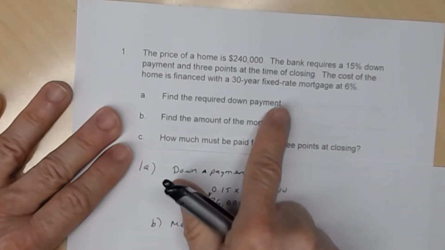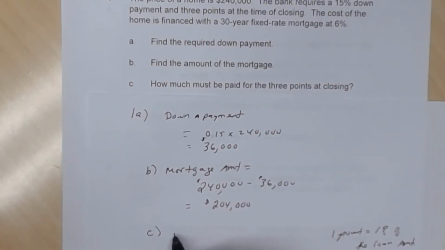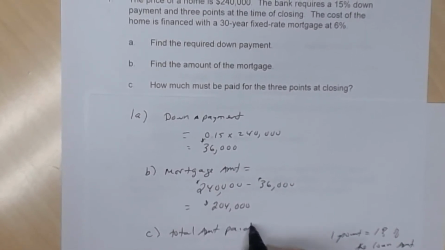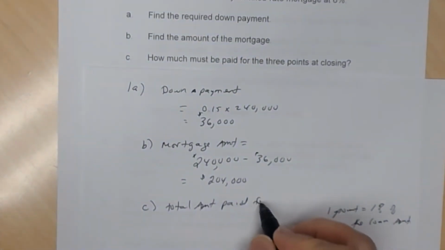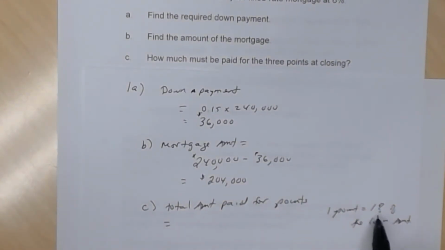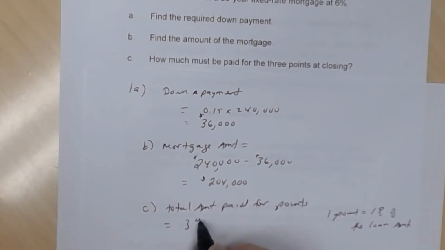So this particular loan requires 3 points. All right, so we're going to find out the total amount paid for points. So total amount paid for points equals, remember 3 points, so that's 3%.